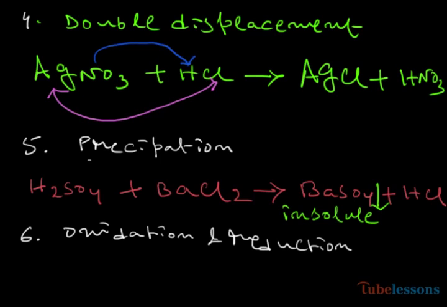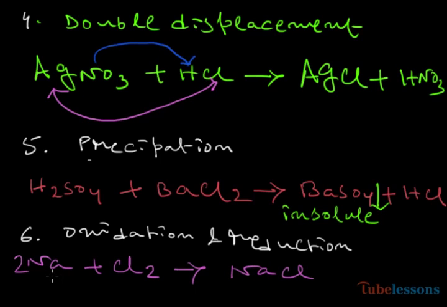In oxidation and reduction reaction, one element gives up electrons and another element takes these electrons and forms a compound. As for example, in this reaction, if we balance it, we have to write 2 before Na.